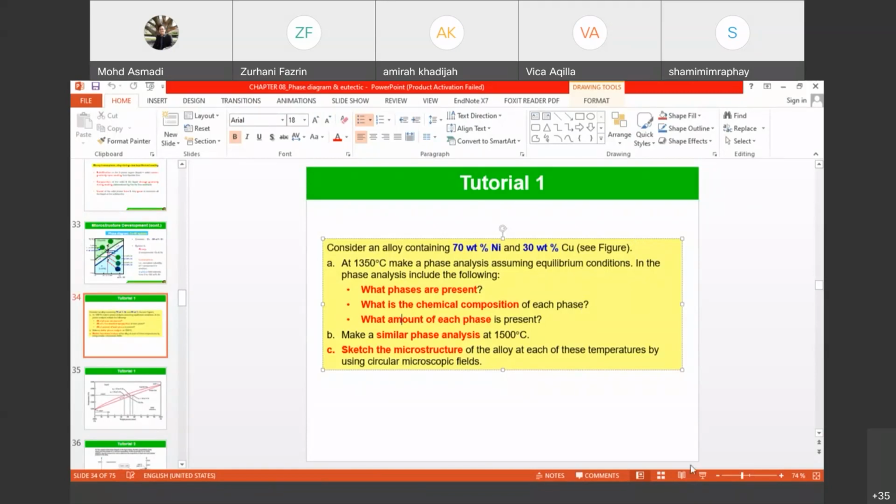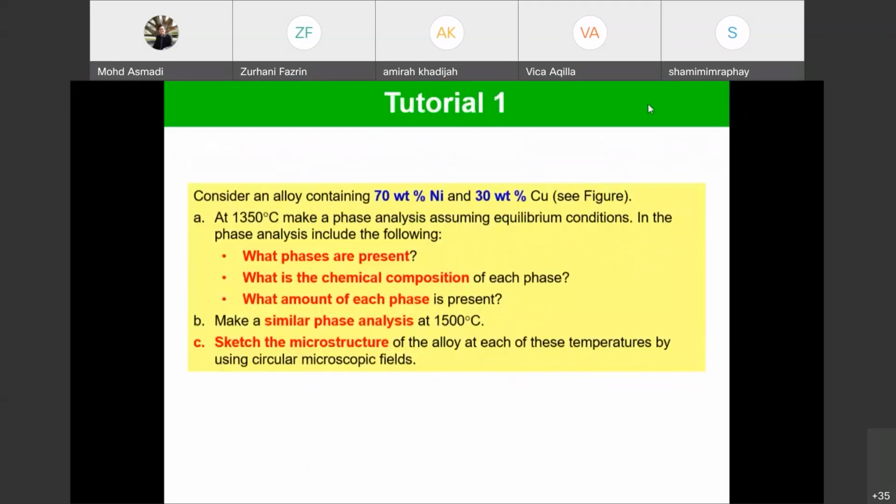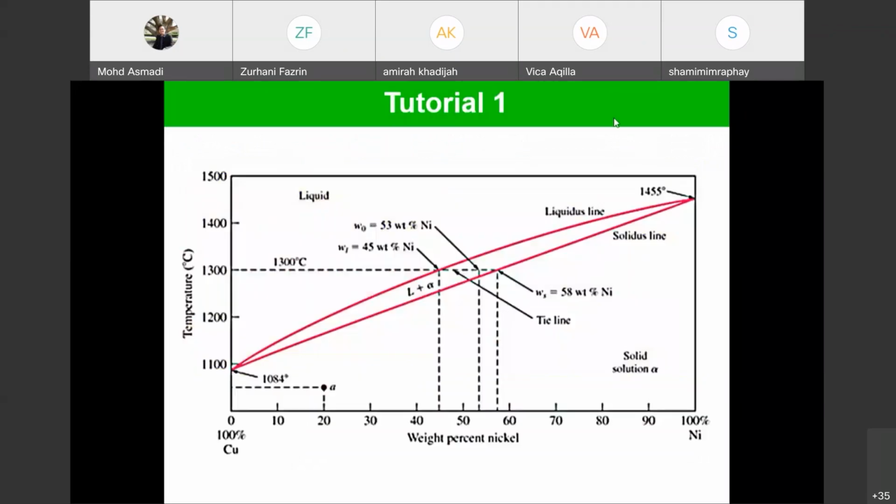Okay, so this is the diagram. It stated that you have to determine the phase, right? So what do you think?